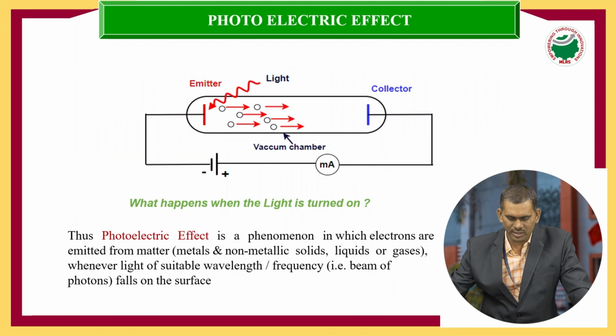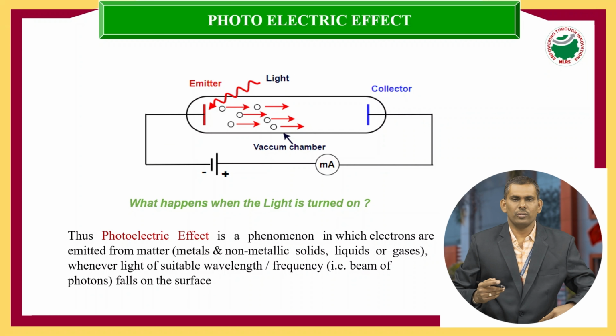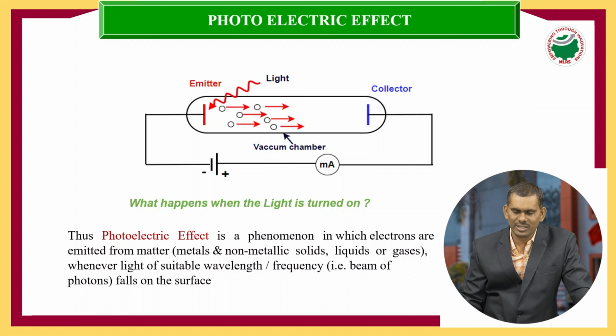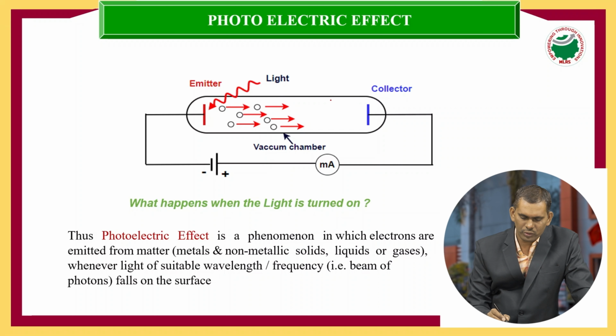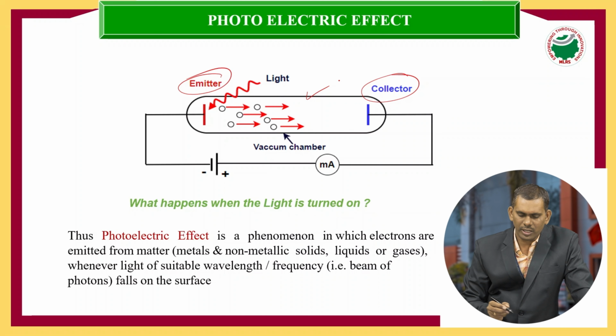Next, let us see how the process takes place according to the photoelectric effect. We can see it in this schematic diagram. Here you can see this is the vacuum tube. In this vacuum tube, we remove all the gas and create a vacuum inside, and we place an emitter and collector setup at both ends.